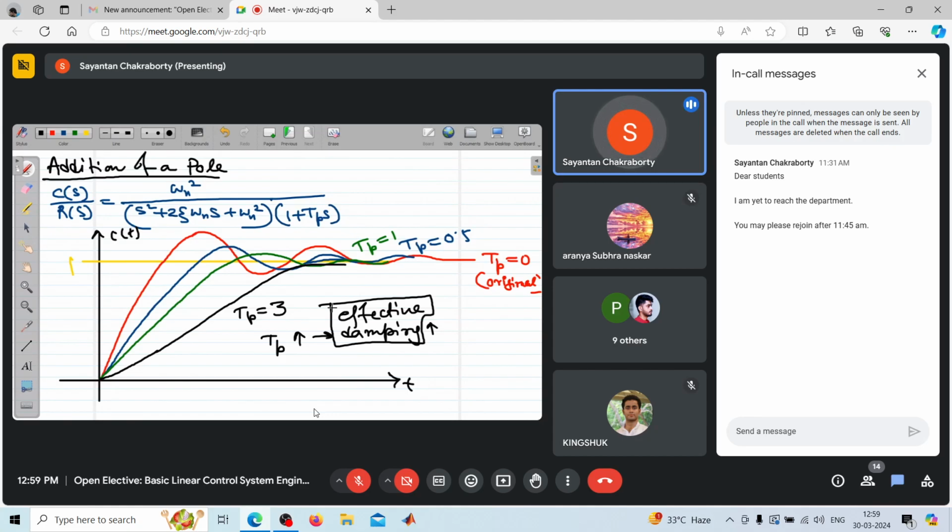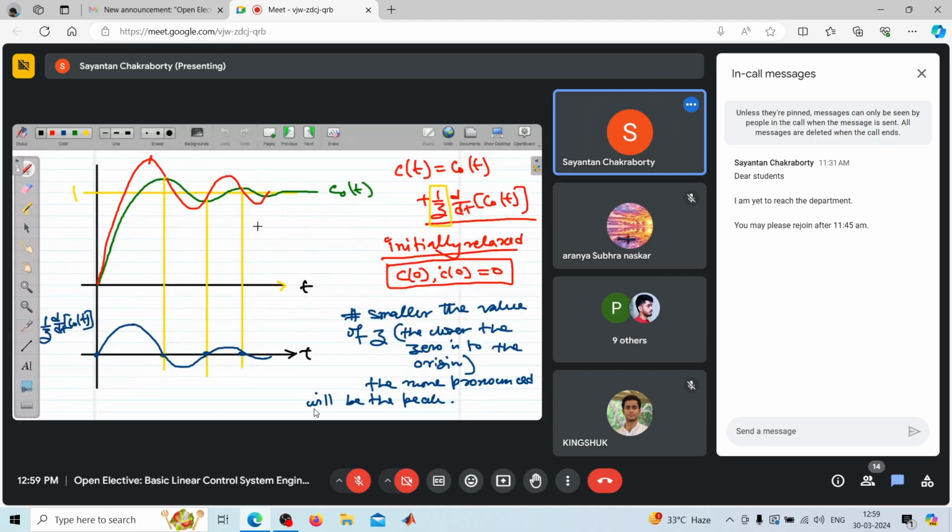This is completely in contradiction to the case of a zero, where as Z is reducing, the effective damping is reducing, because here the damping is constantly increasing.